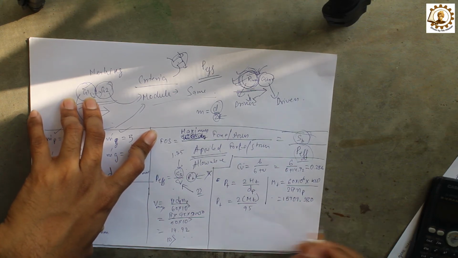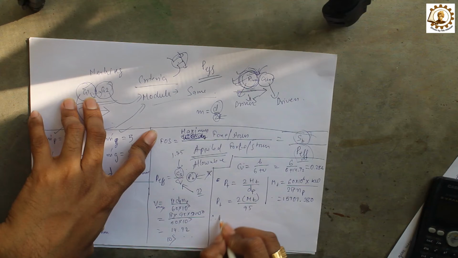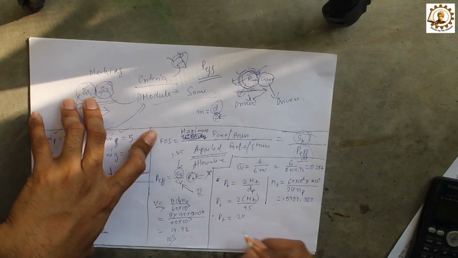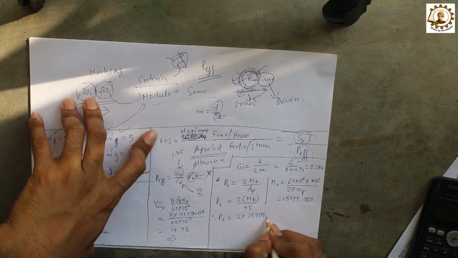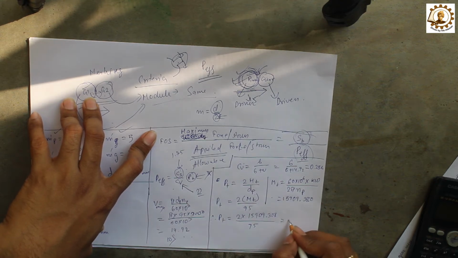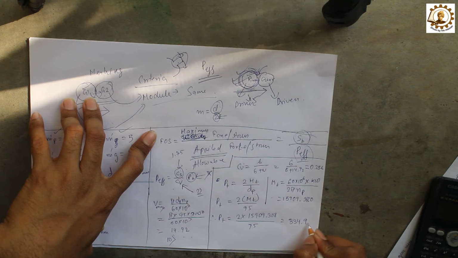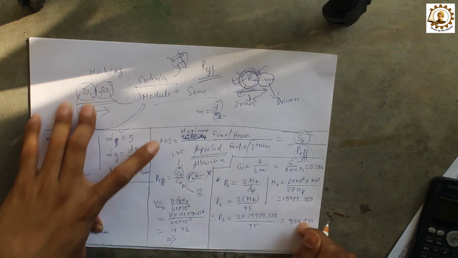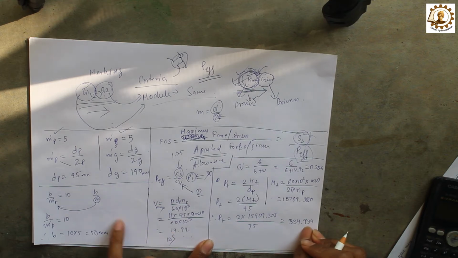So PT is equal to 2 into 15909.308 by 95, which comes to about 334.934. Now I know PT.